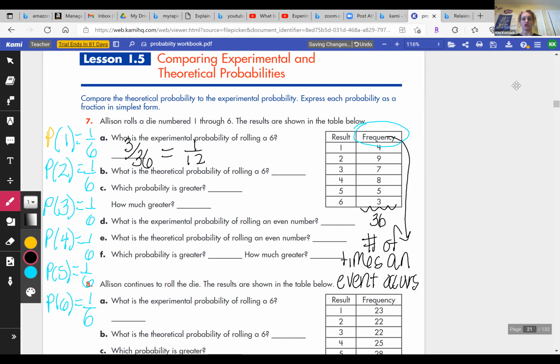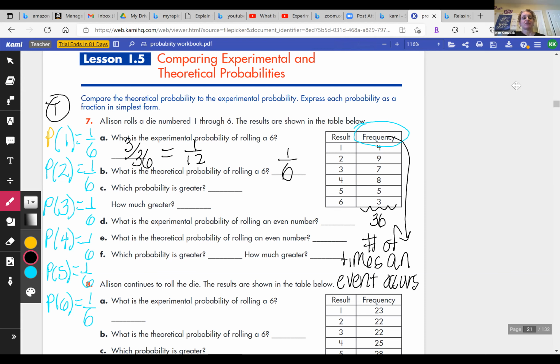Well, what's the theoretical probability of rolling a 6? The theoretical probability was 1/6. Which probability is greater, and how much greater? So which probability is greater here?